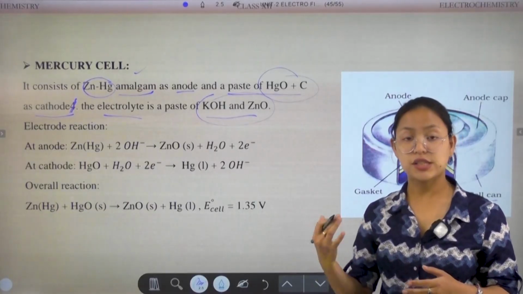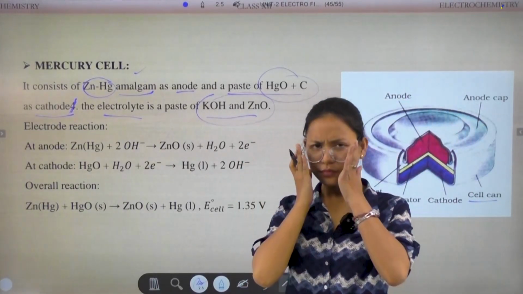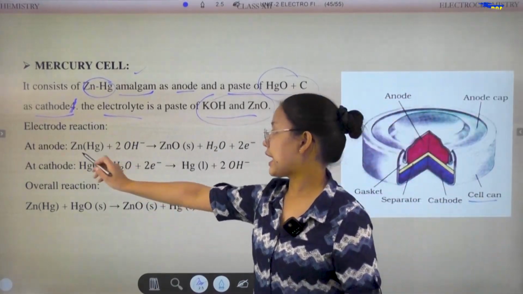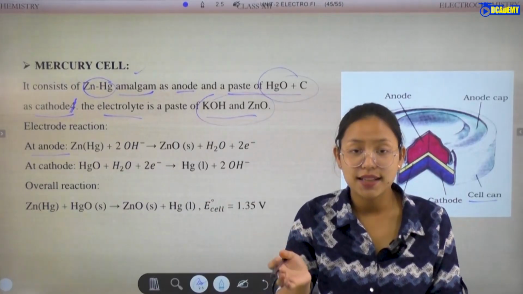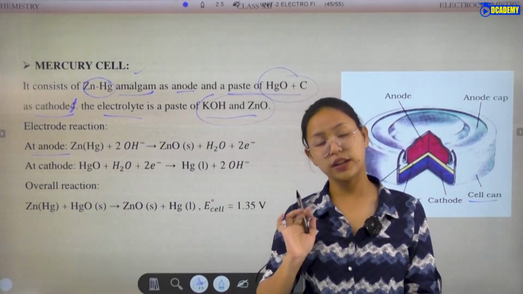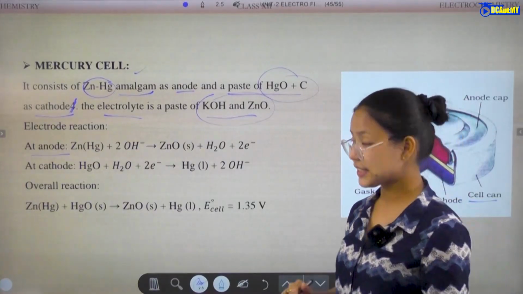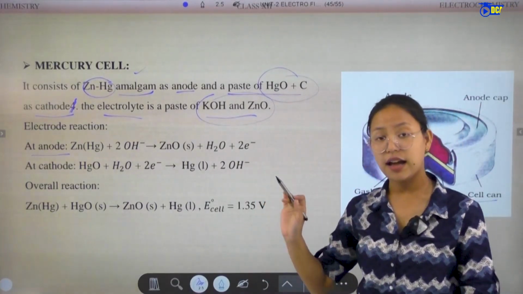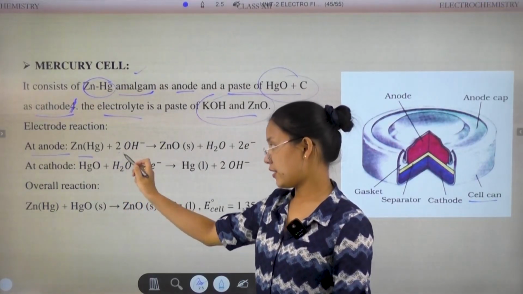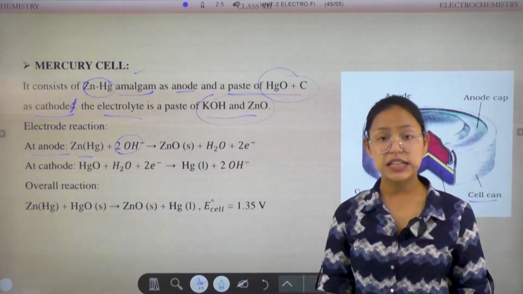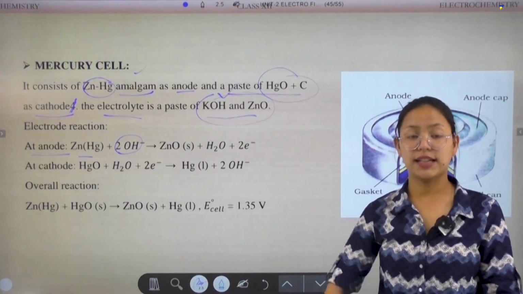Now let's see how these electrodes react, the electrolytic reaction and the overall reaction. First is the anode. We all know that at the anode an oxidation reaction takes place. Zinc amalgam reacts with OH minus, which comes from potassium hydroxide, KOH.